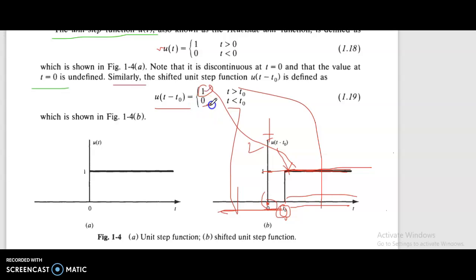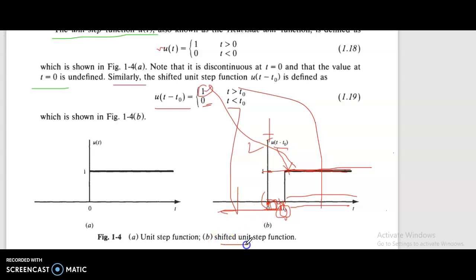That's why u of t naught is 0 here, and u of t minus t naught is 0 up to here.